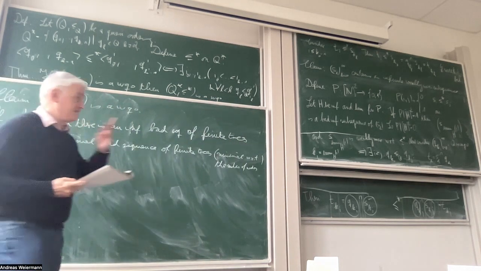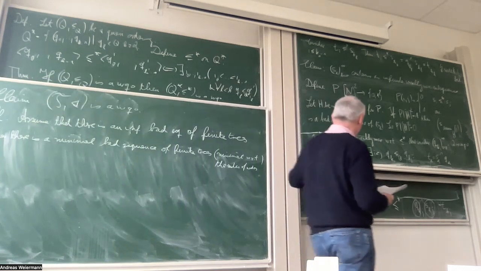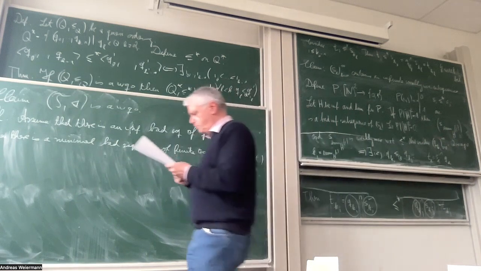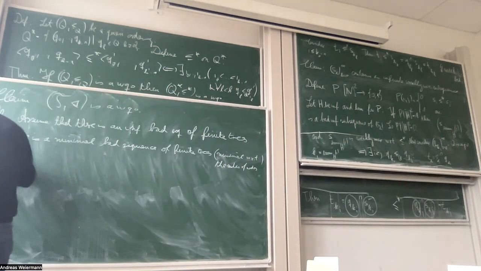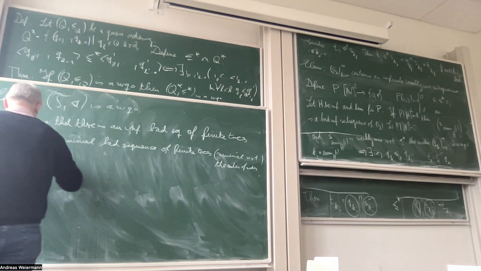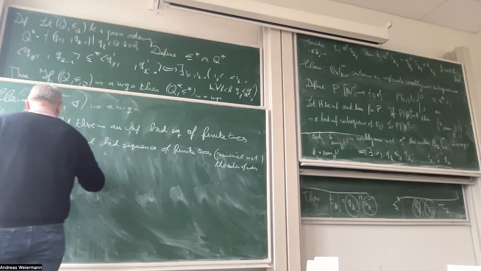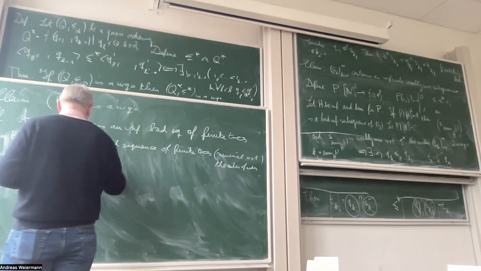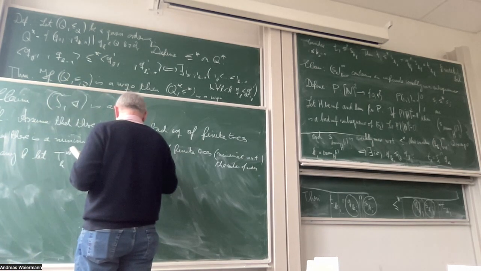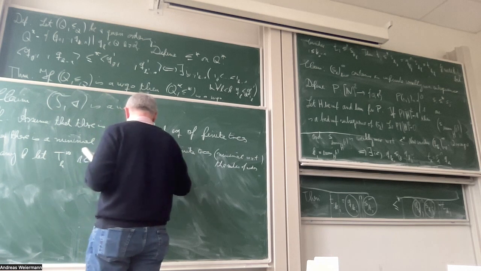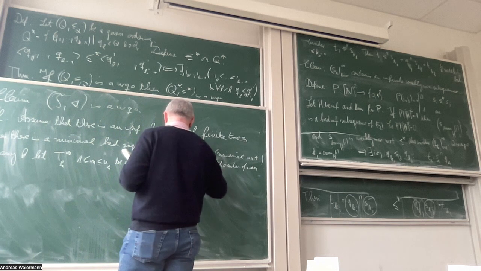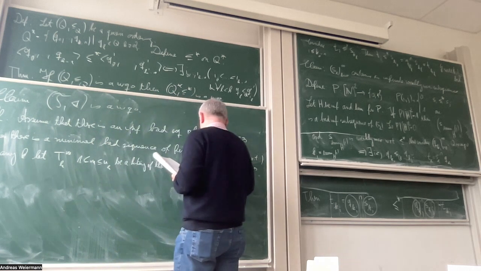Now we do something similar as here, namely we write a finite tree in simpler terms. So for any k, let tk1 to tk nk be a listing of the immediate subtrees.